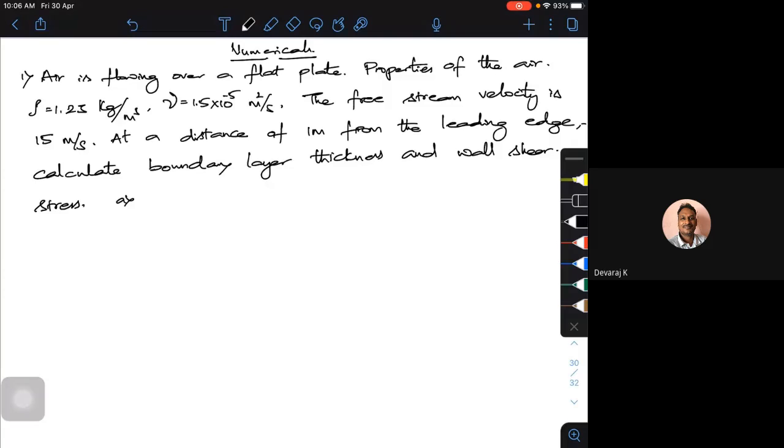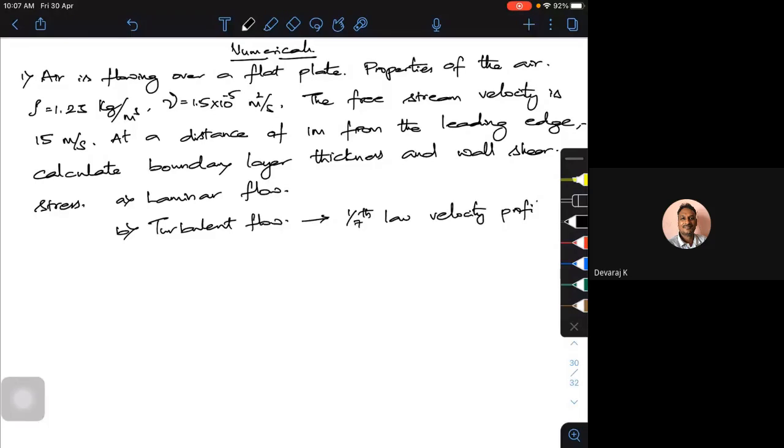One is when the flow is completely laminar, and the second one is when it is completely turbulent flow. If I consider the velocity profile to be of 1/7 power, the 1/7 law velocity profile.